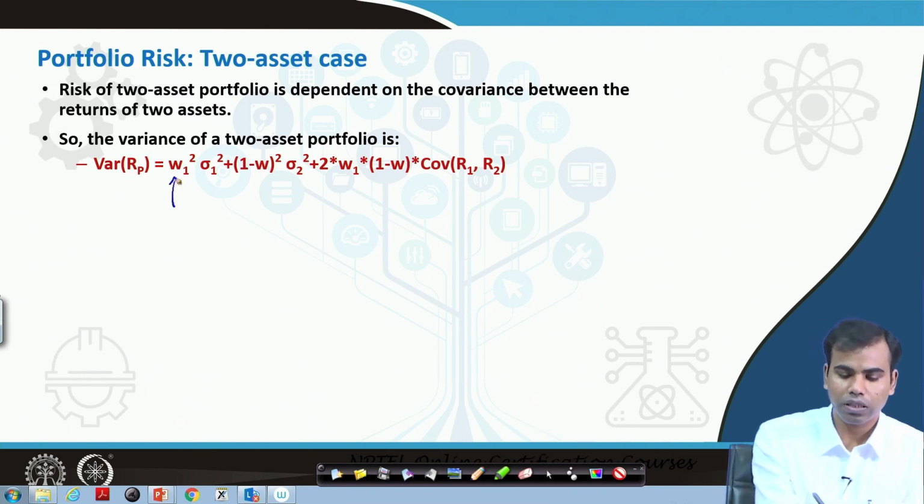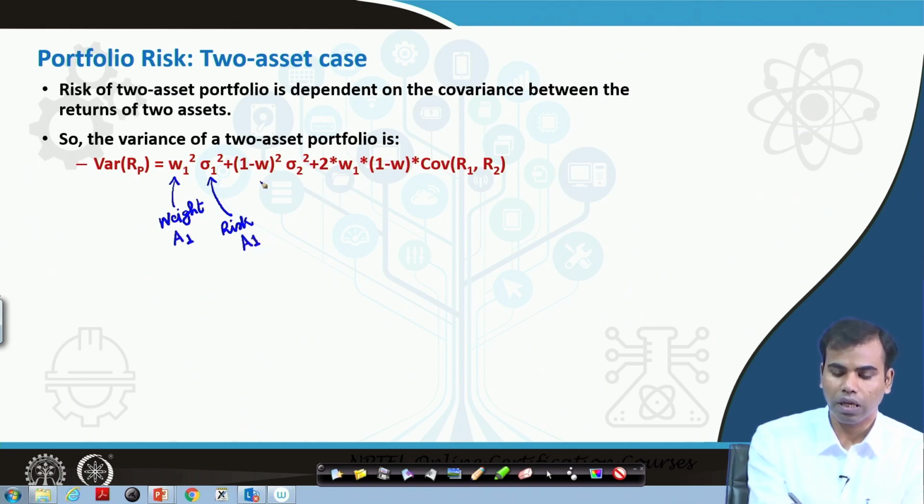We know that this is our weight in asset 1, this is risk of asset 1, weight of asset 1, risk of asset 1, and then this is 1 minus W, which is weight of asset 2, and this is risk of asset 2.